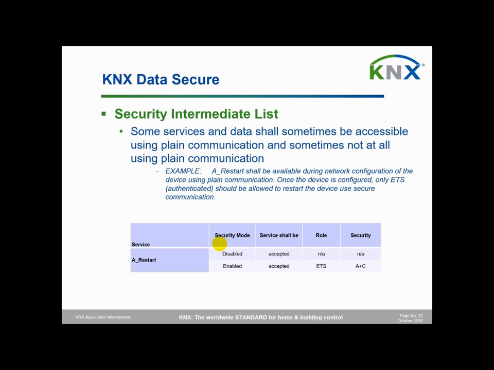The restart service should definitely be accessible for plain communication during the configuration of the device, but not afterwards. Once it is configured, you can only have access to the restart service if there's authentication and confidentiality. We call that an intermediate list of services and data.